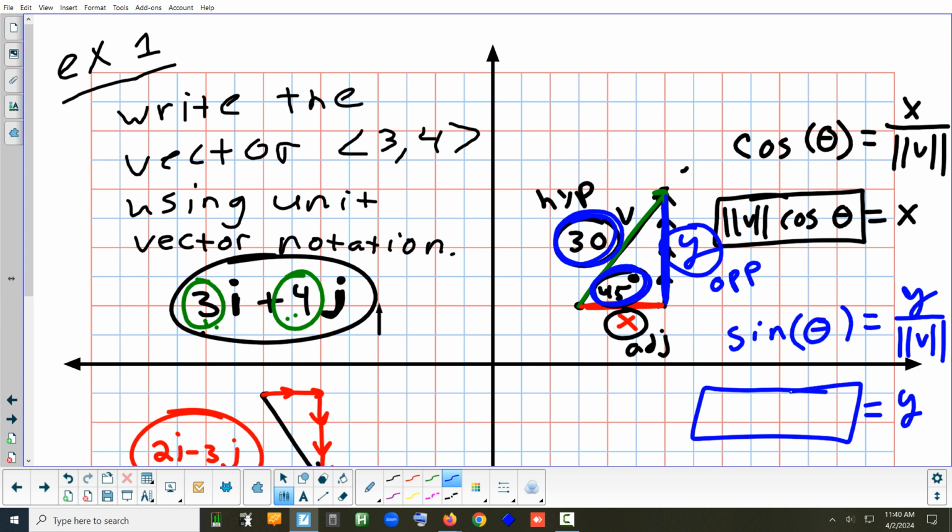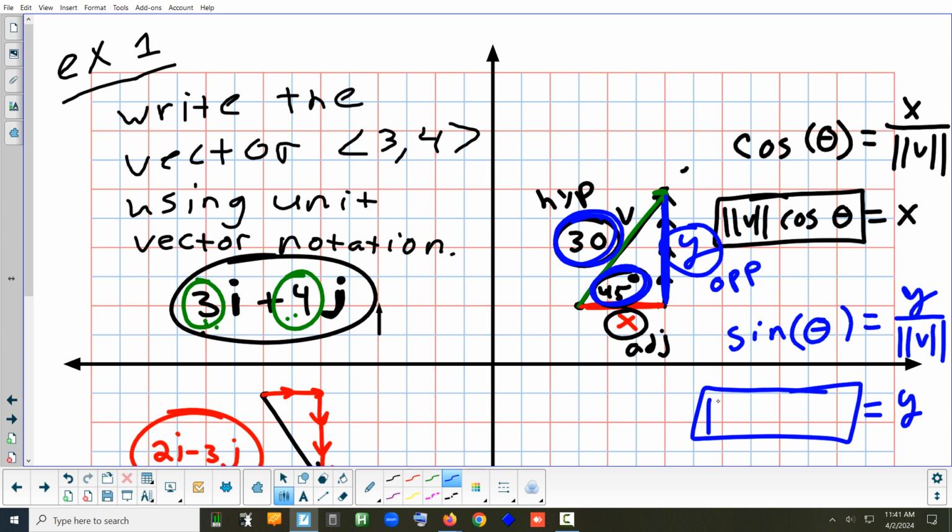So now, what would the vertical component be? The hypotenuse times sine theta. Okay, so tell me exactly what to put in this box.